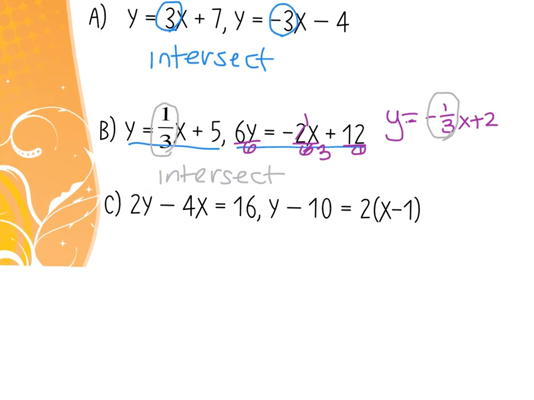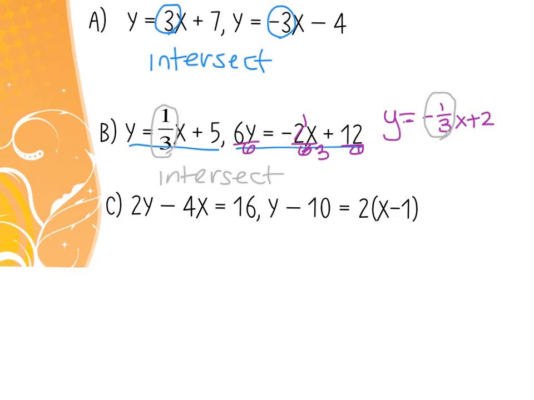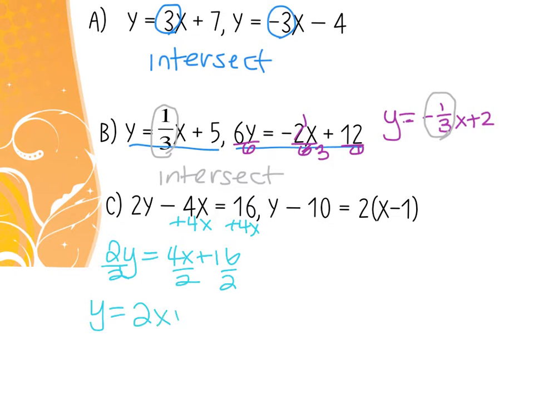And the last one, neither of them are solved for y, so I have to go through that work first. I would say add the 4x here. 2y equals 4x plus 16, and then divide by 2. And y equals 2x plus 8. That's the first one.